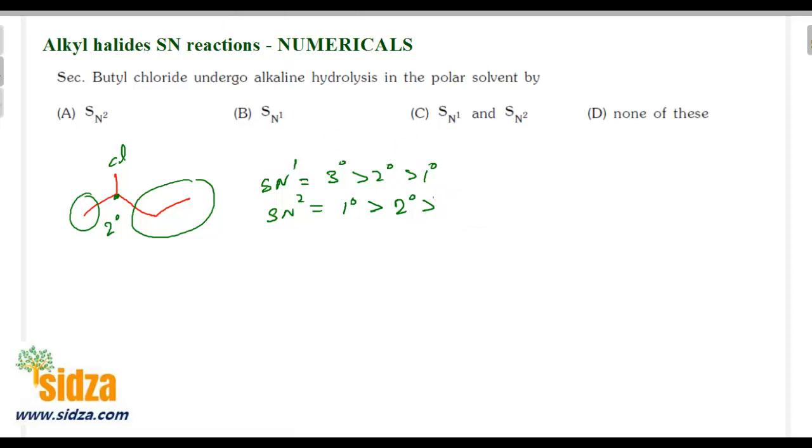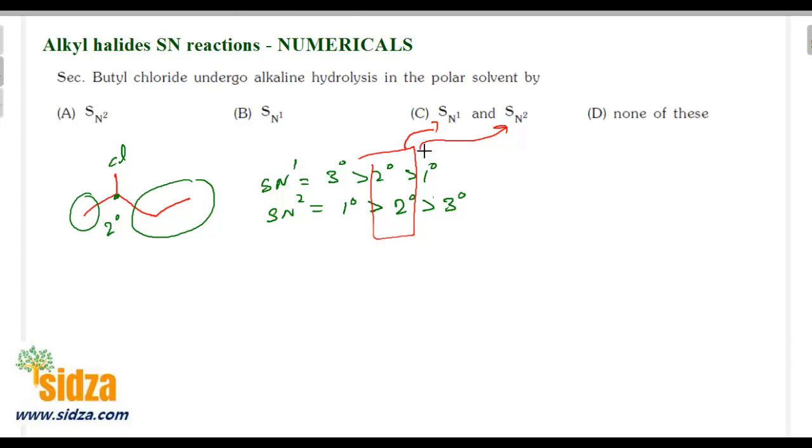It is tertiary over here, 3 degree. So in this case, what we have is a secondary alkyl halide. Basically, the secondary alkyl halide can undergo substitution by SN1 and also SN2 here, right? So both options are possible for this alkyl halide.